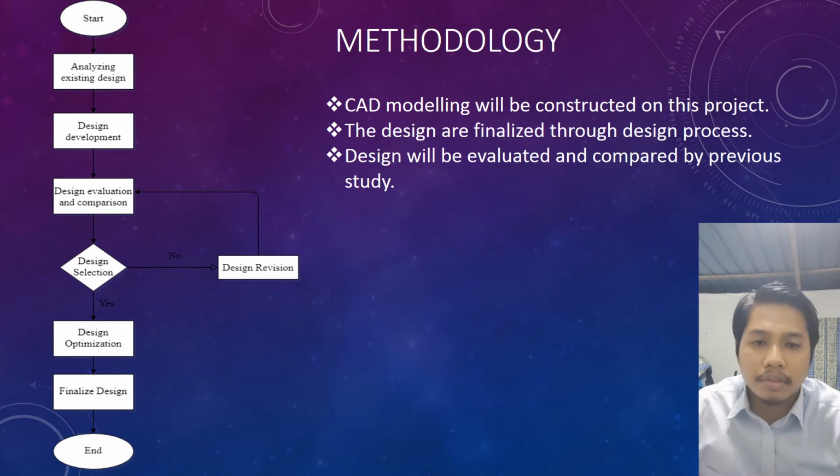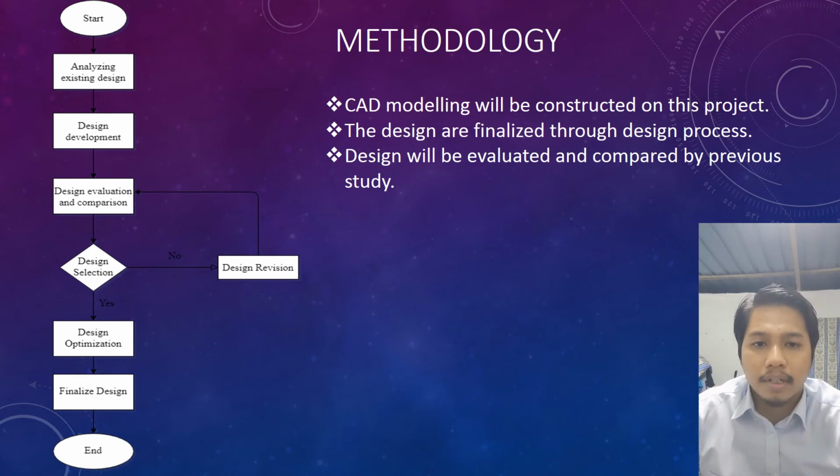So the methodology of this project is already shown in the flowchart. We start with analyzing the current or existing design of the retort chamber. Then we generate the conceptual design, and then the design is evaluated and compared with the current design and also with the objective of the project. Then we make a design selection. If the design selection is good, then we proceed to design optimization and finalize the design.